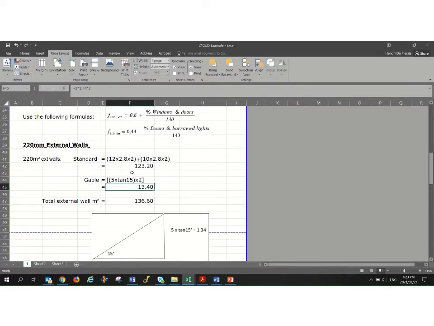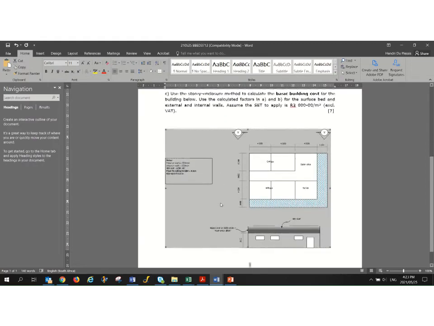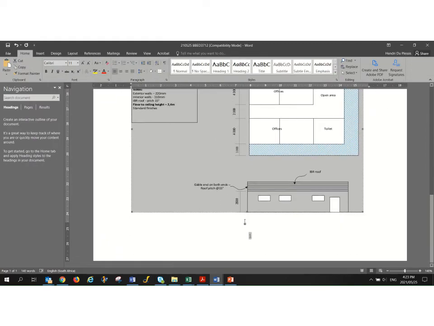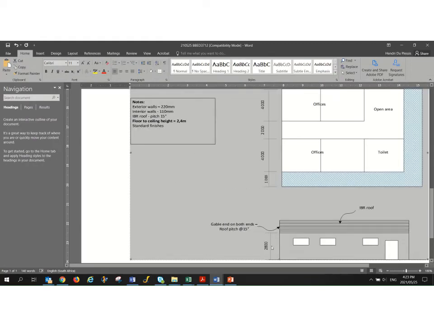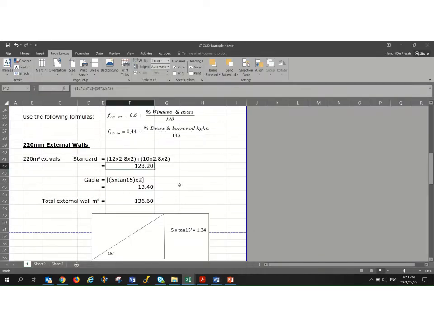Okay, so I think the standard walls is quite simple. It's the perimeter times the height, which in this case is the 2.8 meters. If we go to our drawing, you will see it's the 2.8 meters here to your surface bed height. So that one should be fairly simple.